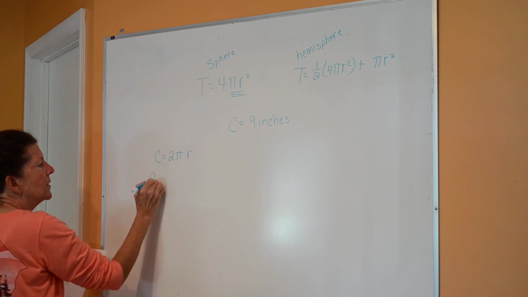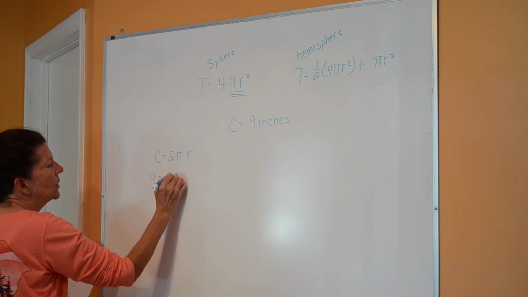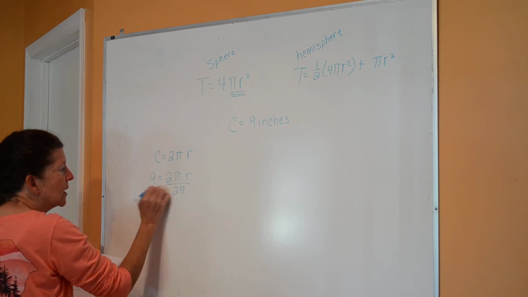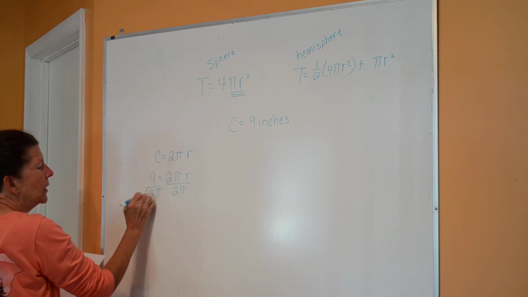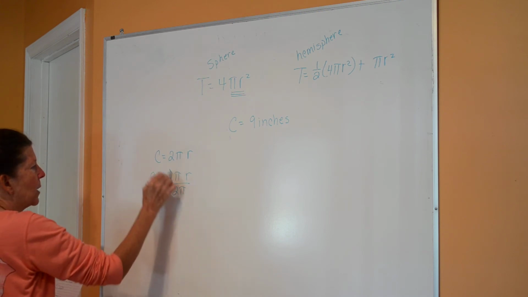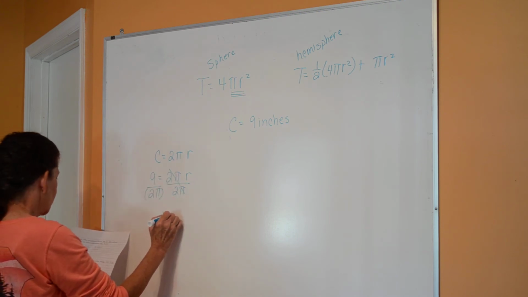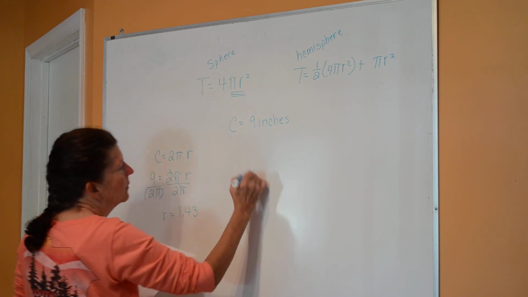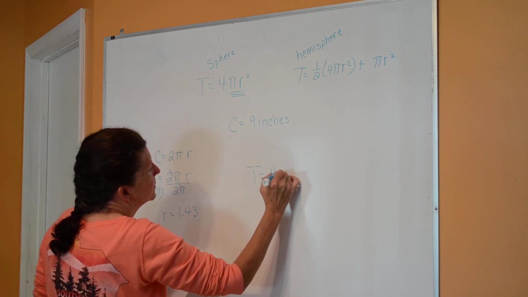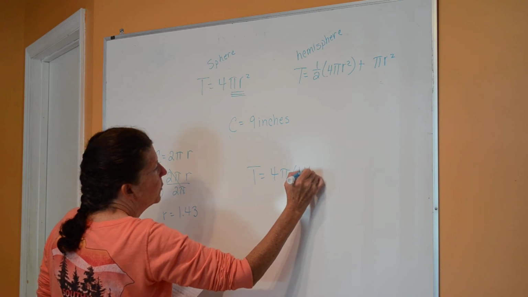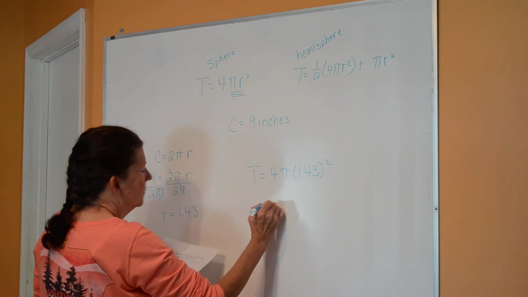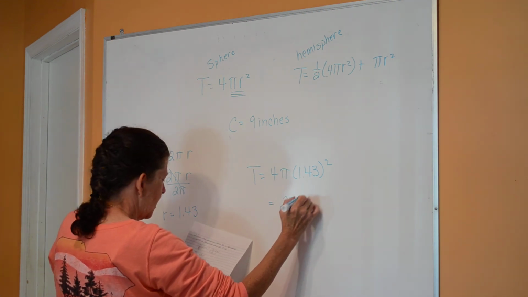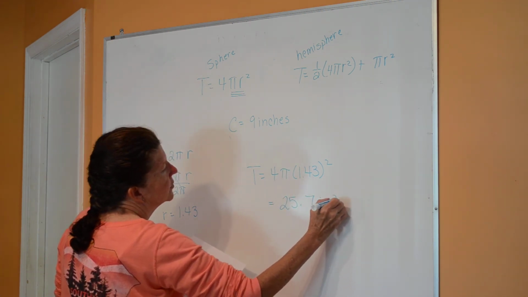If my circumference is 9, I have 9 is equal to 2 times pi times r. I'm going to divide both sides by 2 pi. If you put that in your calculator, don't forget to put parentheses around that bottom. I find out that r is equal to 1.43. Then I just plug it in. 4 times pi times 1.43 squared. So my total surface area is 25.7 inches squared.